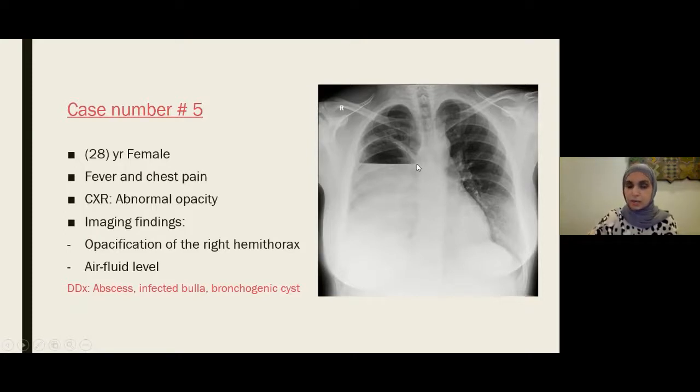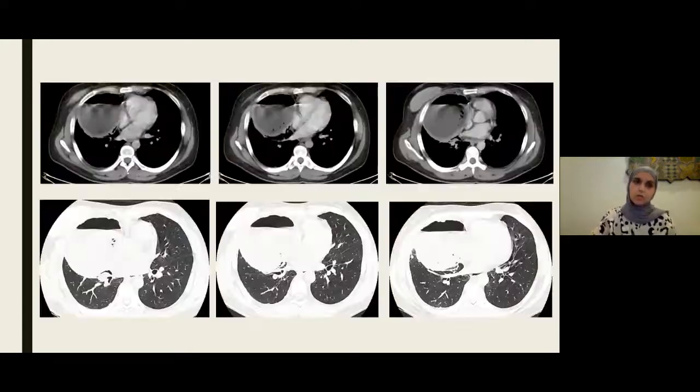The differential diagnosis includes lung abscess, infected bulla, and since the opacity merges medially with the mediastinum, we need to rule out a bronchogenic cyst. CT was performed, of course, with contrast, which shows a very large rounded abscess epicentered in the right lung, showing a thick enhancing wall with the fluid level abutting the cardiac margin.